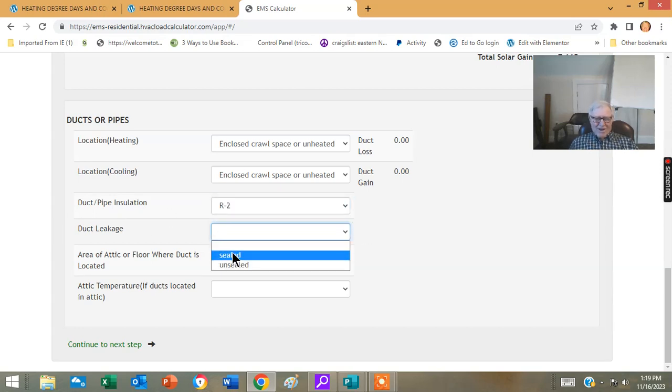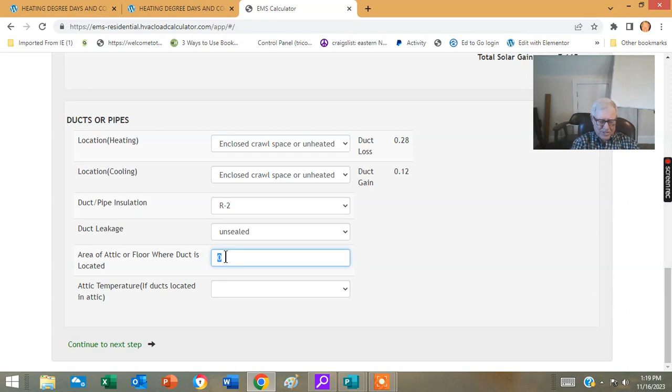The duct's never been sealed, so we're going to put it unsealed. And it's asking you for the area of the attic or floor where the duct is located. Well, they're underneath the house and they're scattered all throughout the floor area. So the area of the floor is 2,256 square feet. Remember, right?